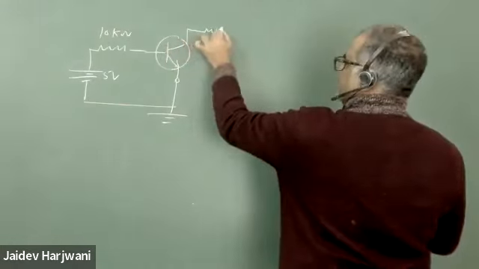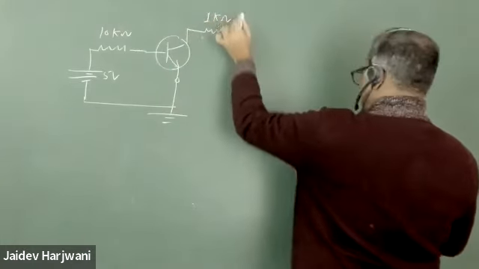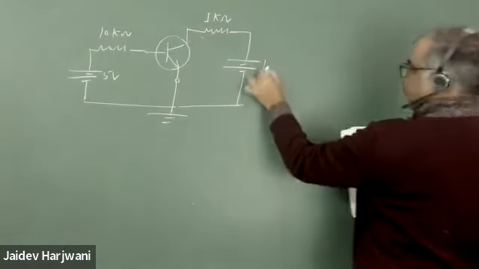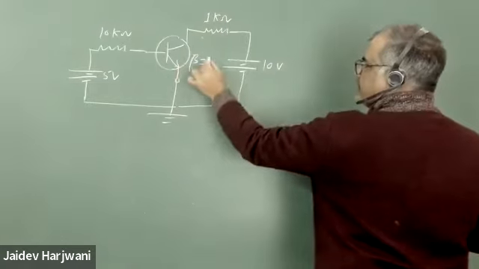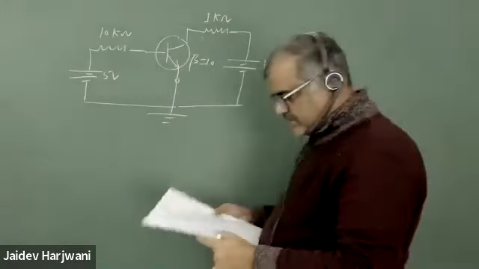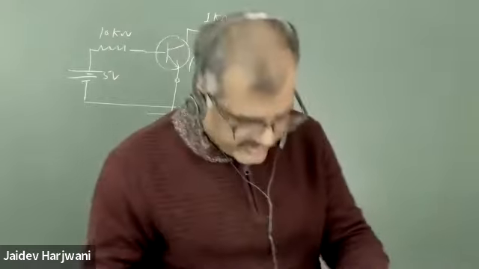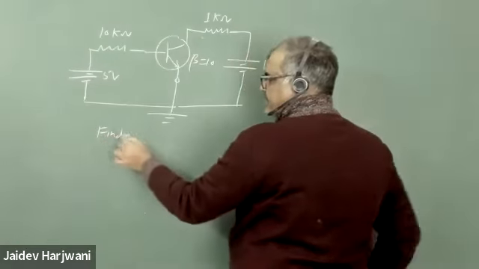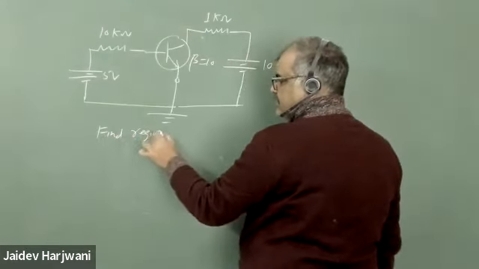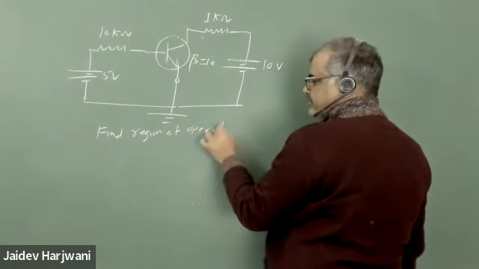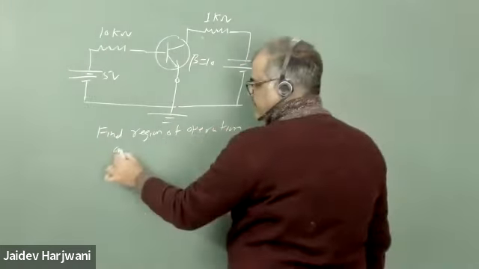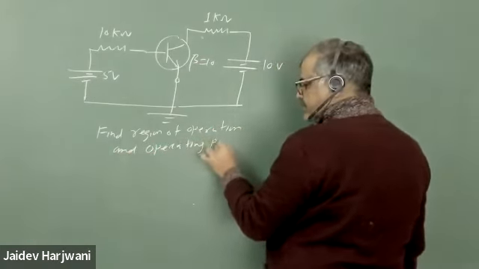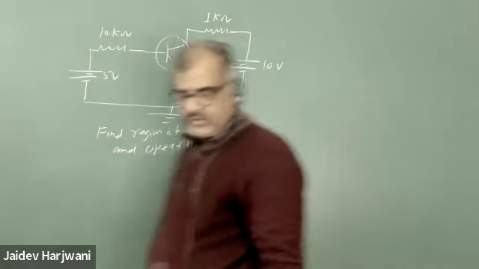Here you have a 1 kilo ohm resistance, and this is your 10 volt, and beta is given as 10. Please find out the region of operation and calculate the operating point.